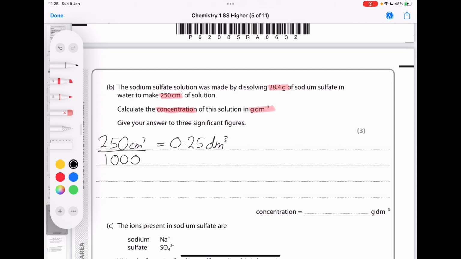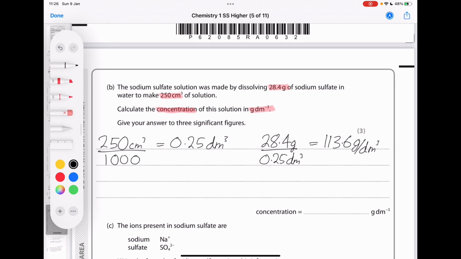I then take my 28.4 grams divided by my 0.25 decimetres cubed, and that gives me an answer of 113.6 grams per decimetre cubed.